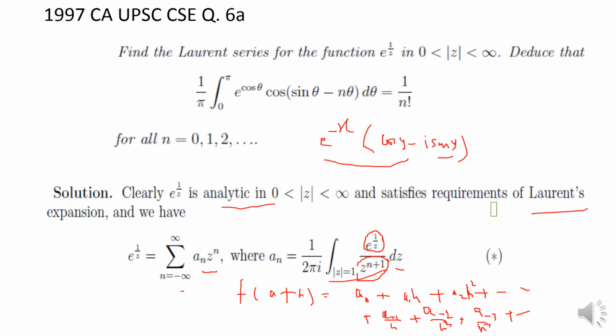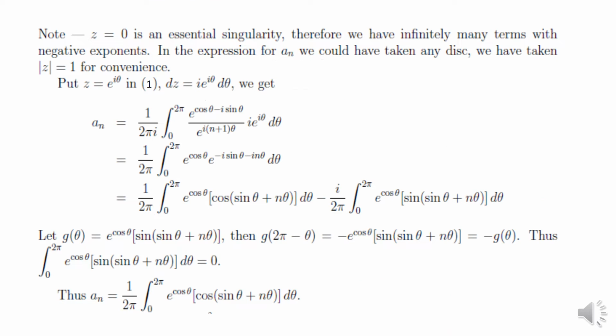So this is our equation. e to the power i theta is equal to z, and dz is equal to i e to the power i theta d theta. But only thing we can say that e to the power 1 upon z is having an essential singularity at z is equal to 0.